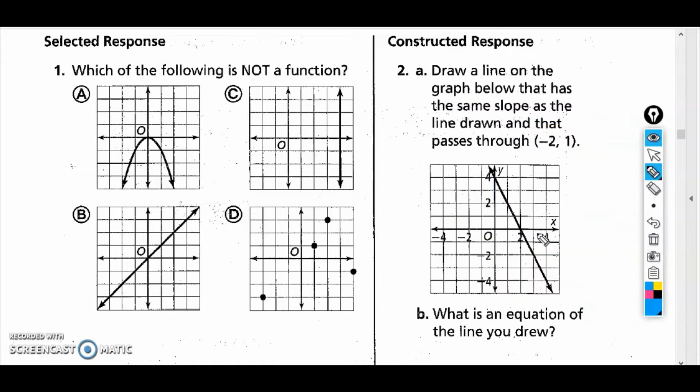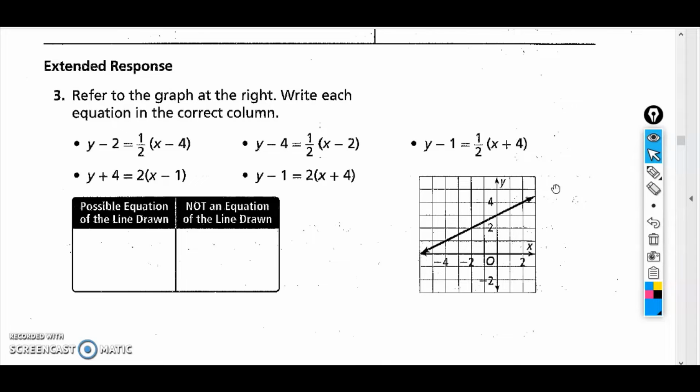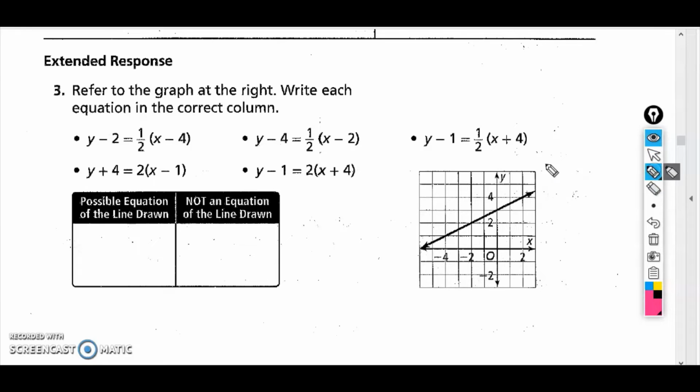Let's check out number 3. Extended response. Refer to the graph at the right. Write each equation in the correct column. Just noticing these before even looking at the graph, they are all in point slope form. So I need to recall what point slope form is.